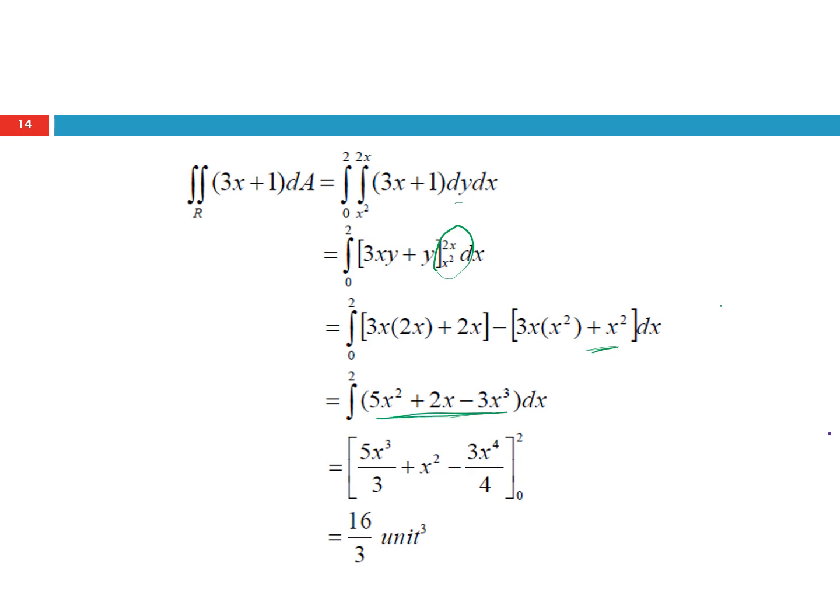So here you need to integrate with respect to x, and then substitute the upper and lower limit, and you will get the final answer, which is 60/3 unit cube, since this is the answer for the volume of the solid.